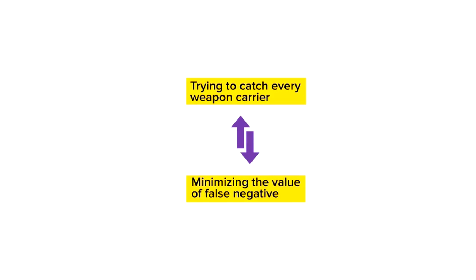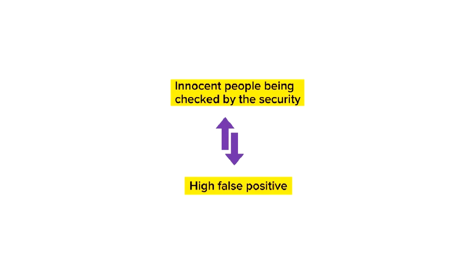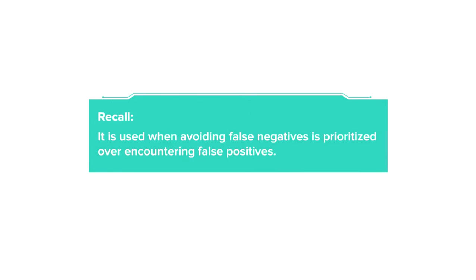That is, no weapon carrier should slip through. The idea of trying to catch the people having weapons leads to all the innocent people being checked by security, which is analogous to the high false positive rate. So in a nutshell, recall is used when we cannot afford to have false negatives, or avoiding false negatives is prioritized over encountering false positives.